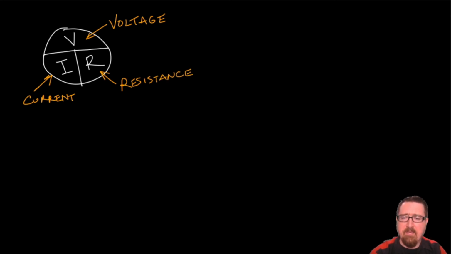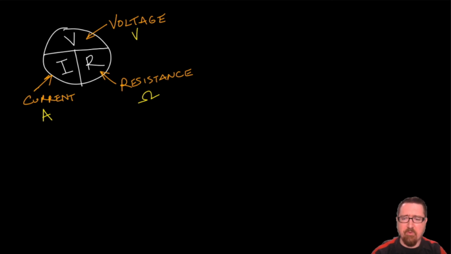If we talk about our symbols for this, voltage is going to have a V, current is going to be measured in amps, so we're going to use A, and resistance is going to be measured in ohms, which is the Greek symbol omega. So that's how that is broken down.